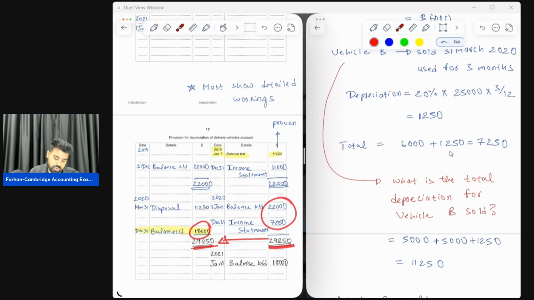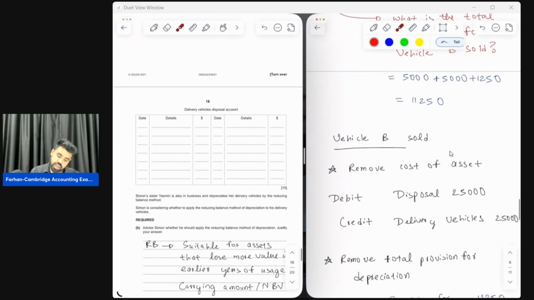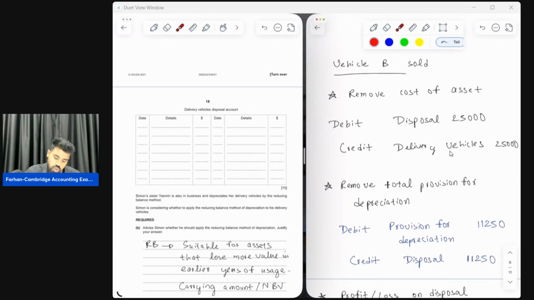So at 31 December 2020, the balance carried down is $18,000, which gets transferred as the opening balance on 1 Jan 2021. Obviously on the credit side, that is $18,000. And this is on the credit side because we clearly understand that contra asset accounts are always credited. So which means by default, their opening balance must be credited, and when they increase, they're credited. All right, so the last ledger account to complete would be the disposal account.